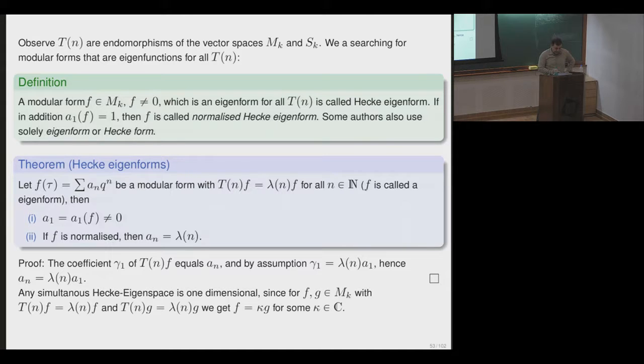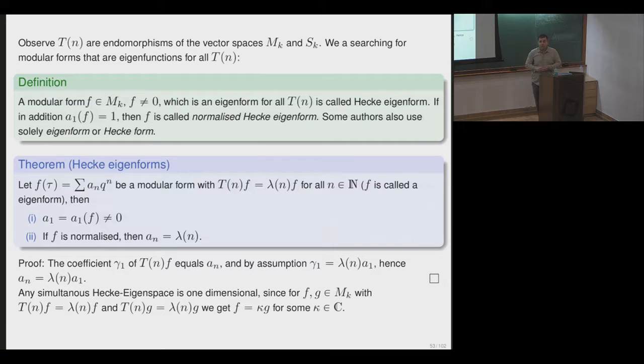And the other point is because the Hecke operator really determines all the coefficients of your modular form, then if you have two modular forms which belong to the same eigenspace, they have to be proportional because they can only differ in the first Fourier coefficient.